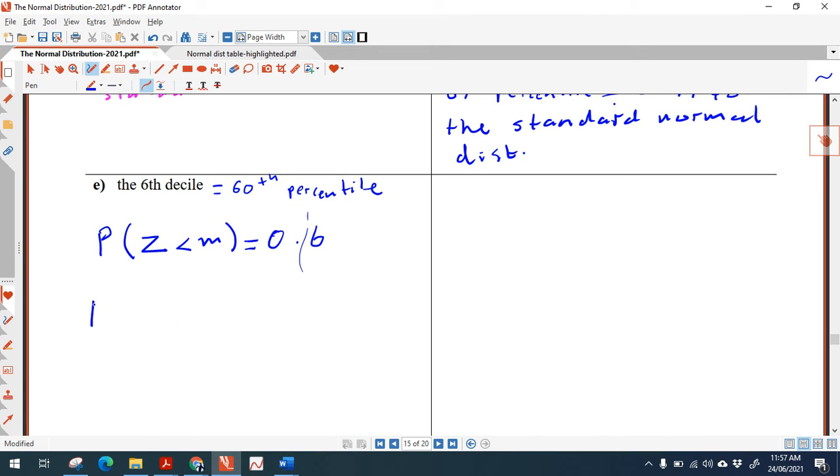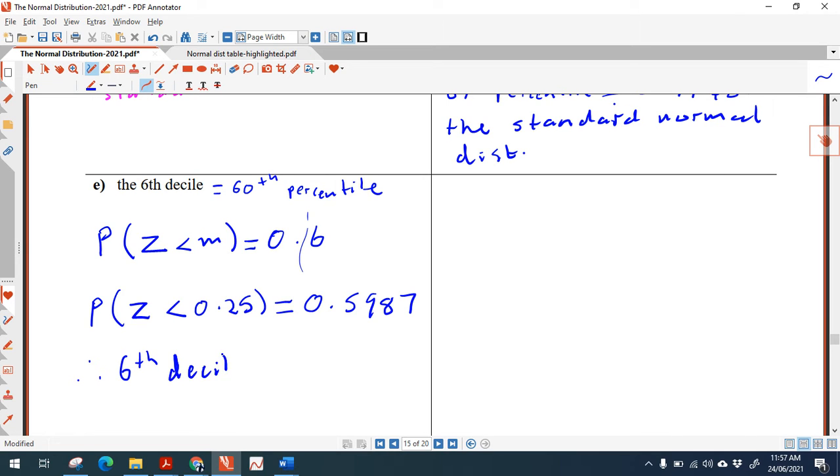I'm going to write down the probability that z is less than 0.25 is equal to 0.5987. So, therefore, I'm going to say the 6th decile, or the 60th percentile, is approximately 0.25.